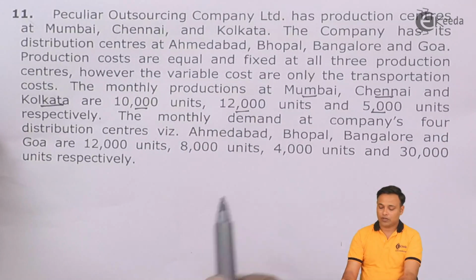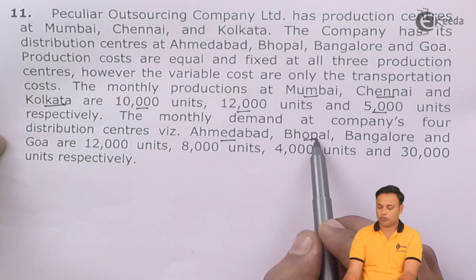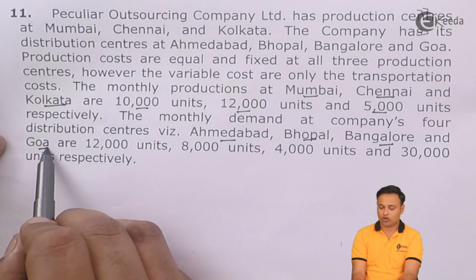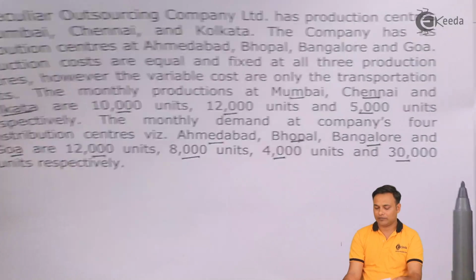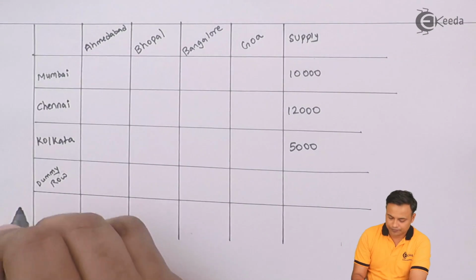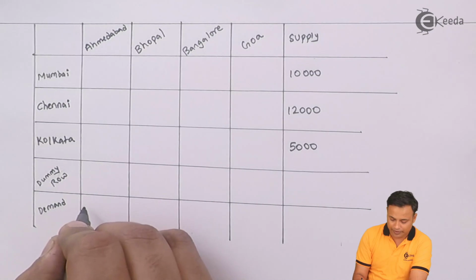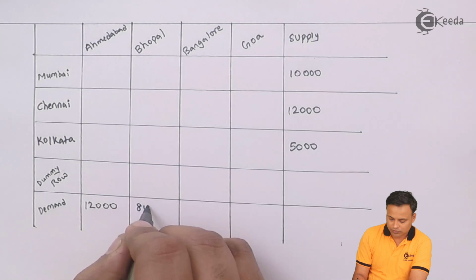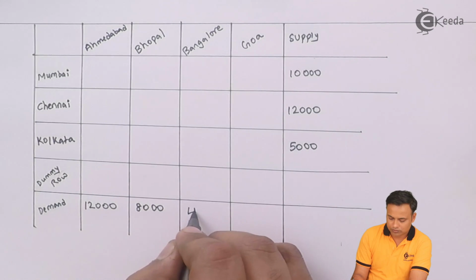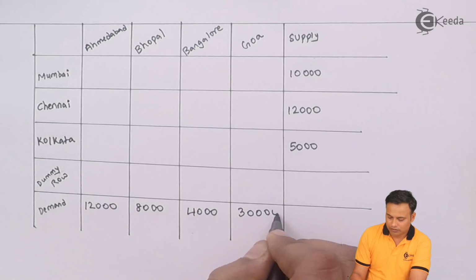we have monthly demand at the 4 centers Ahmedabad, Bhopal, Bangalore and Goa as 12, 8, 4 and 30, which I will note down here. My monthly demand or monthly requirement is 12,000, 8,000, 4,000 and 30,000.